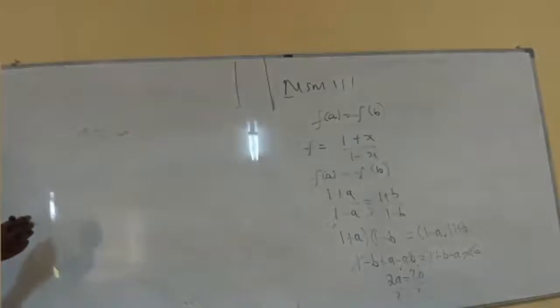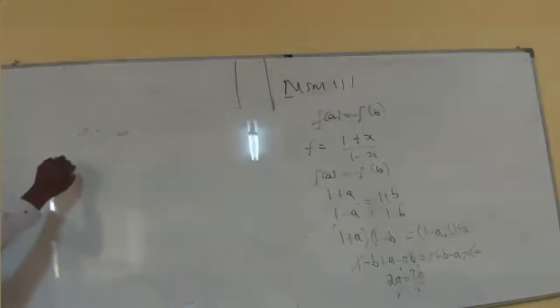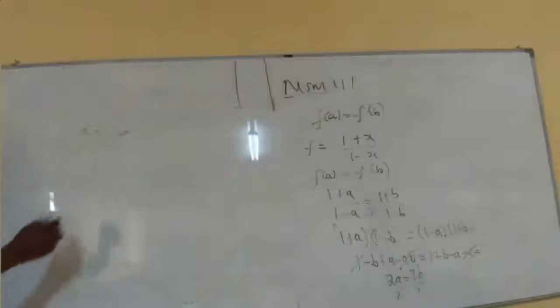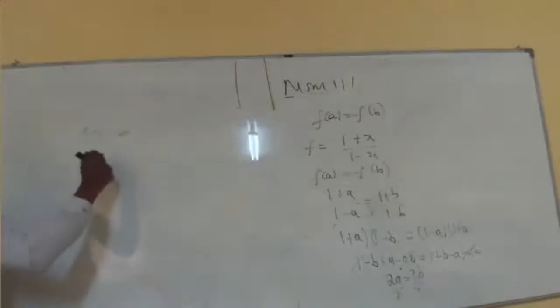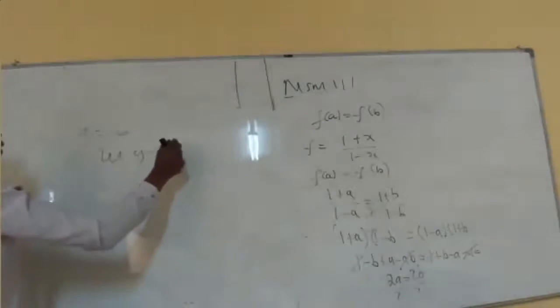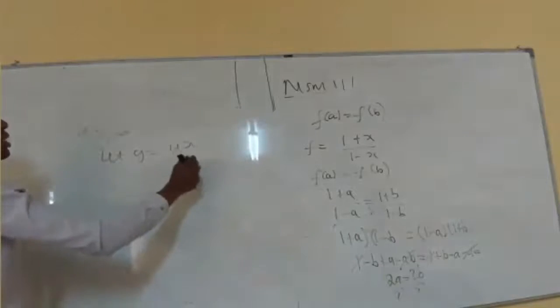Next up, we've been told to find the inverse of that function. So we say let y be equal to (1 plus x) over (1 minus x).